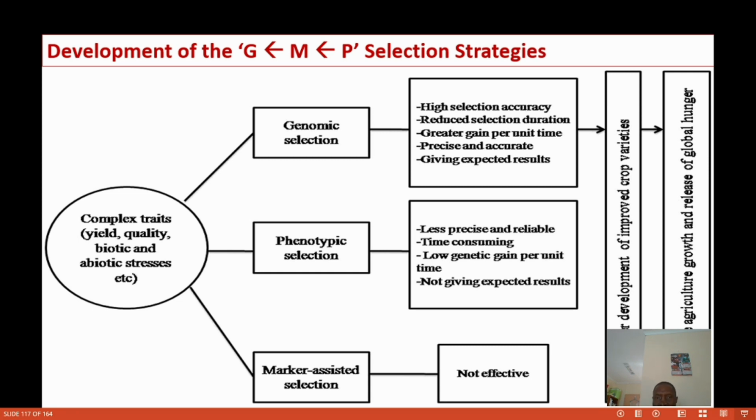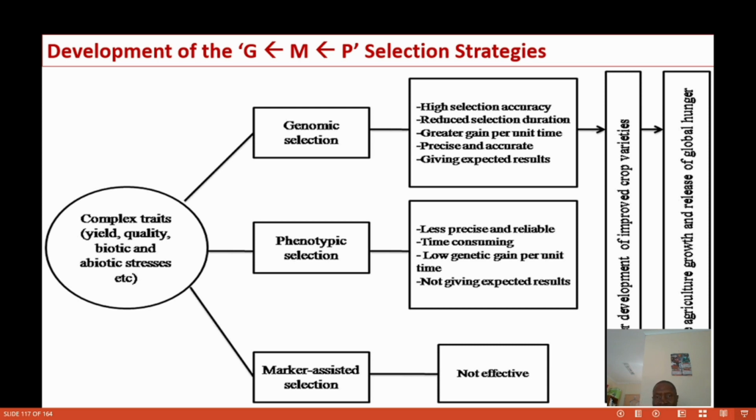We have marker-assisted selection, we have phenotypic selection, and we have genomic selection, which is actually the generative method in a way.